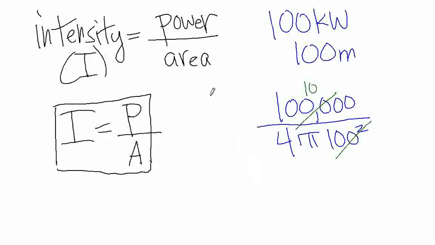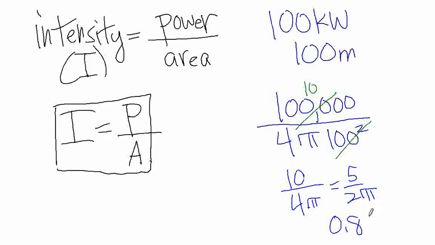So the intensity, therefore, is 10 over 4 pi. And that reduces to 5 over 2 pi, or if you like decimals, 0.8, and the units for intensity are watts per meter squared.